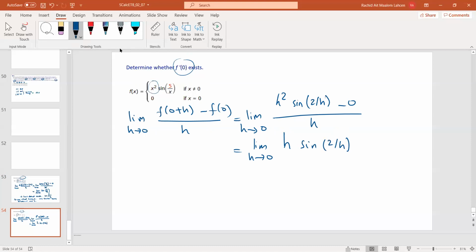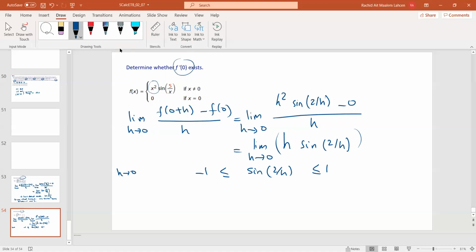And if you look at previous homework, when you try to find this type of limit, we use the squeeze theorem on it, and we're going to do that similarly here, because we know that sine of 2 over h, as we just mentioned, is between -1 and 1. As h approaches 0, it could approach from left or right, so it doesn't tell us much about h.